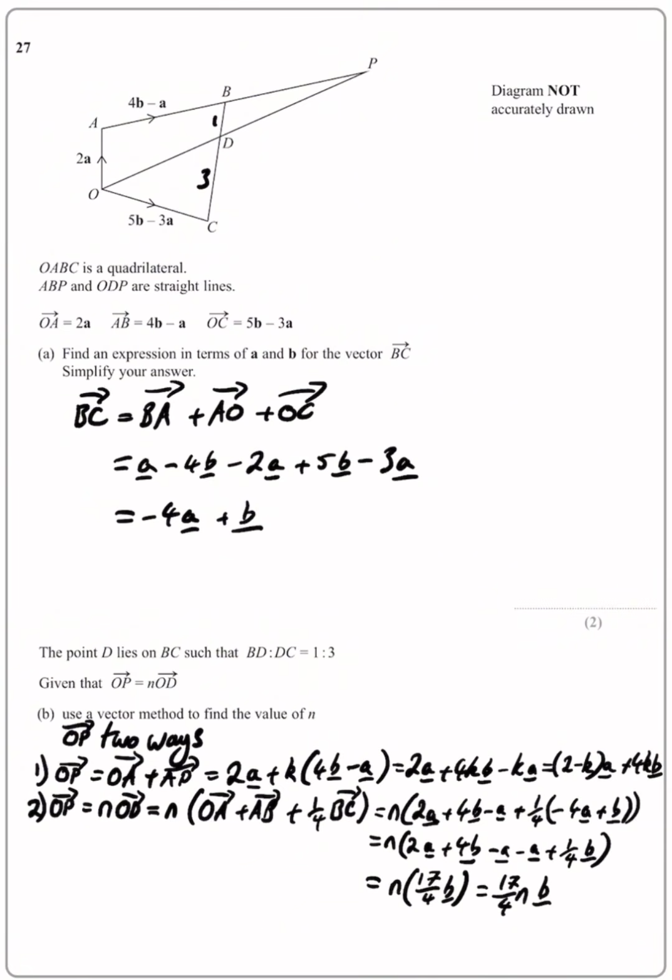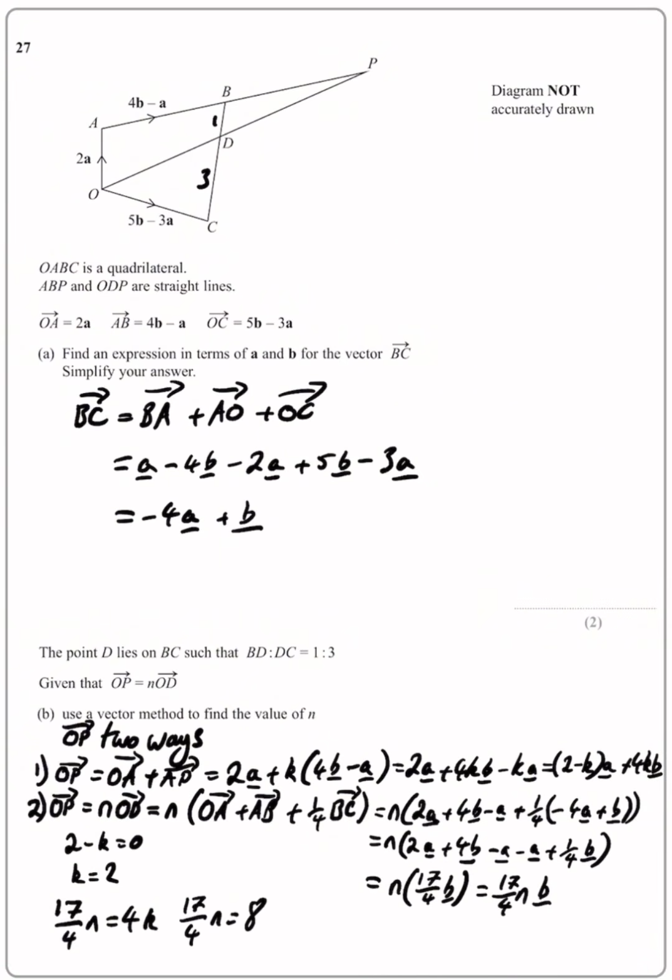So we now know that there's no little a component to this vector O to P, and therefore from the first construction of O to P, I know that 2 minus k must be 0, therefore k must be equal to 2. Then equating the coefficients of little b, we get 4k must be equal to 17/4 n.